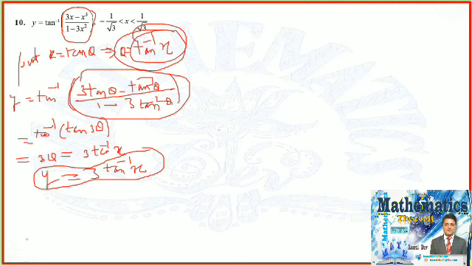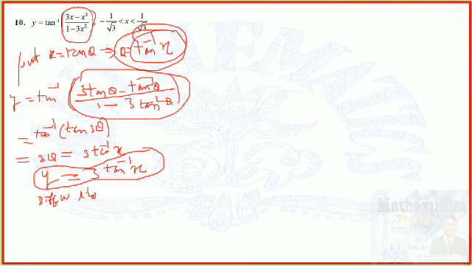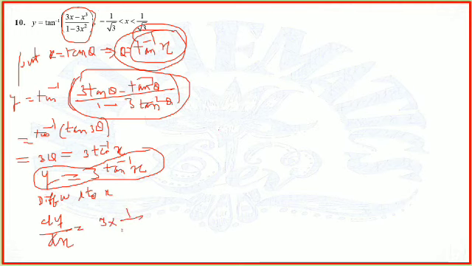Now we are asked to find the derivative, so we will write now, differentiating with respect to x, we get dy upon dx is equal to 3 into the differentiation of tan inverse x, which is 1 upon 1 plus x square, which is equal to 3 upon 1 plus x square.